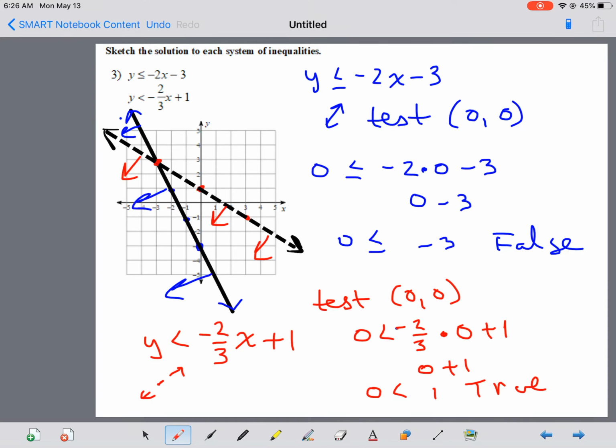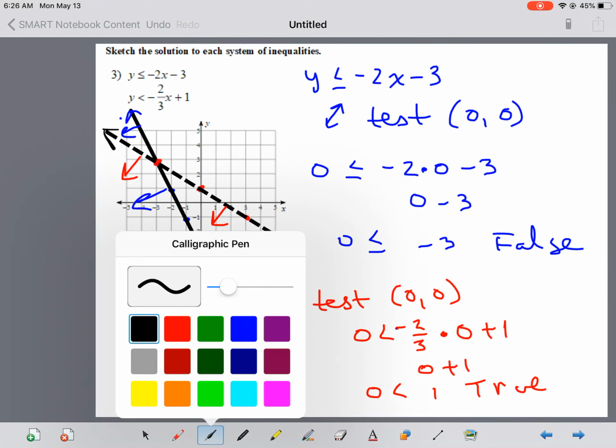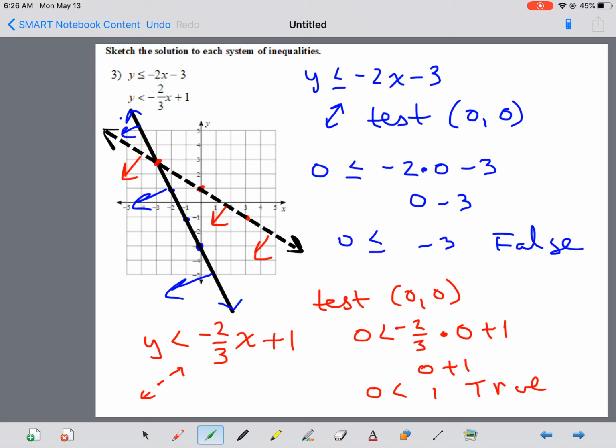Now we have to see, of the 4 regions created by the intersection of the 2 lines, which one do we shade? The 4 regions I'm talking about are like this is 1, this is 2, this is 3, and this is 4. Of those 4, we have to figure out where the shadings of both lines overlap. Definitely not in region 2, because none of them were shaded in.